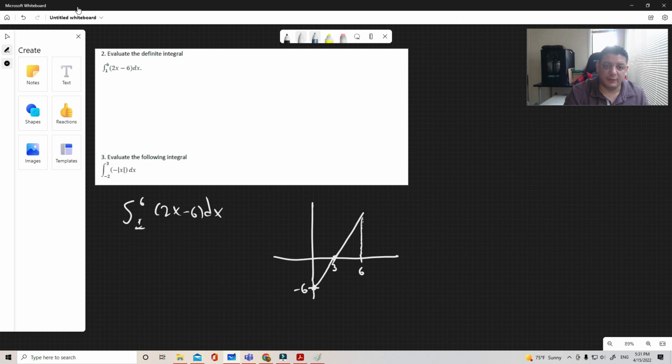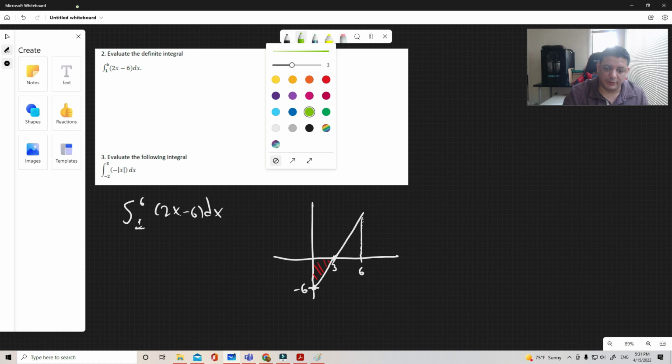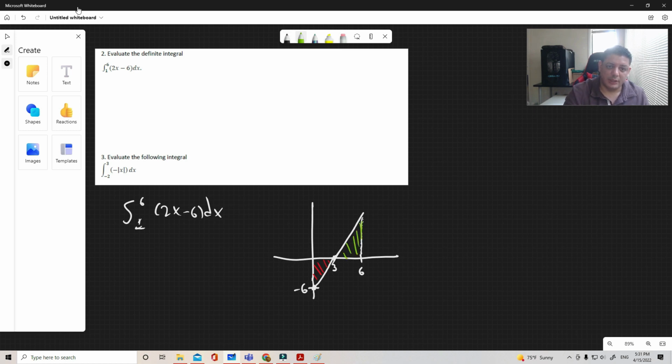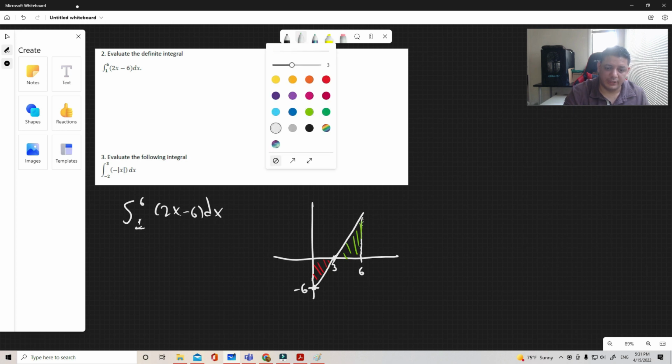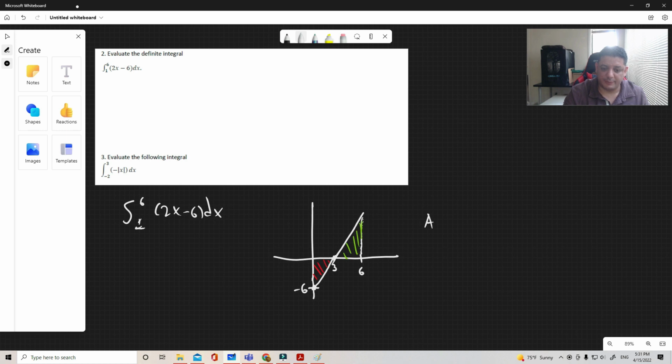So this means that we're going to have two different areas. We can talk about this negative area over here, and we can talk about this positive area over here. They're both given by triangles, so we can find the area easily. So the area of the negative part, which is this, is the area of the first triangle. The base is 3.